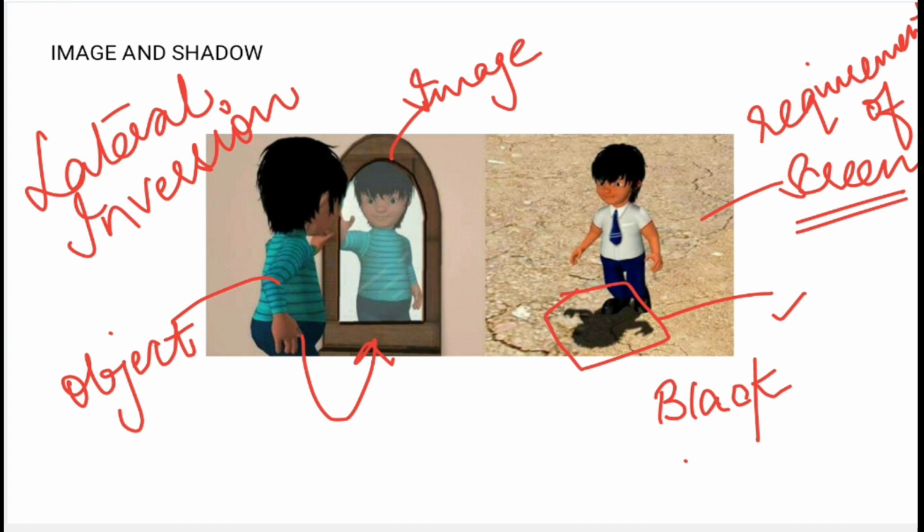As we have observed in our daily life, when we look into the mirror, our left side appears to be the right side and the right side appears to be the left side. As you can see here, the student has raised his left hand, but in the image it is the right hand. This left turning into right and vice versa is called lateral inversion.